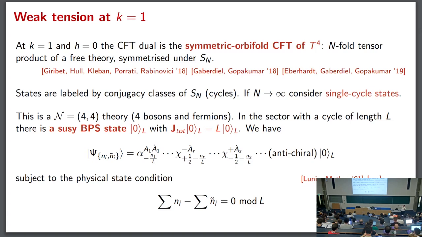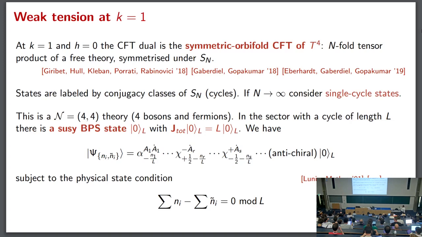The twist field carries some energy, it's not BPS. It carries energy but not R charge. We can create some definite ground state which has a size L cycle, and it happens to have dimension L and R charge L. So it's our vacuum of the twist L sector, which I call 0_L, which is supersymmetric.